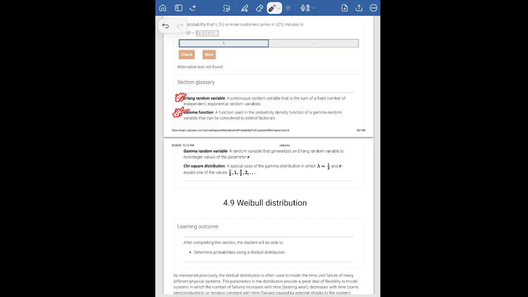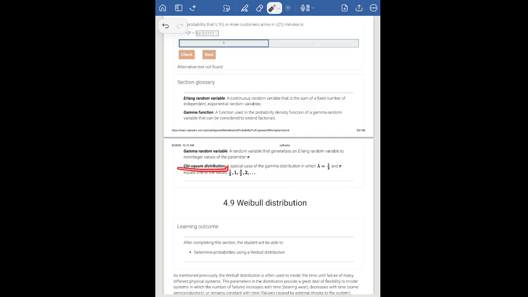So the main idea is that we have the gamma random variable that generates other distributions like your Erlang distribution. It does help to actually formulate what a gamma random variable would be.